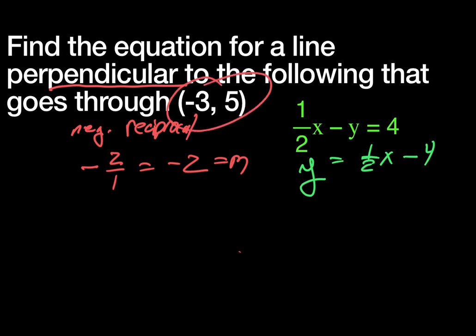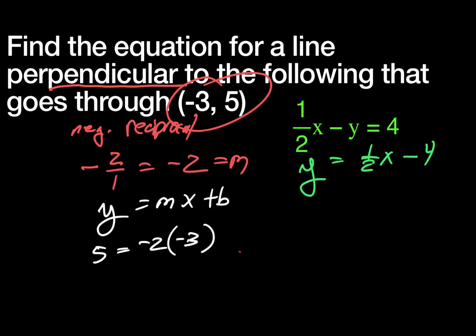This is my slope of this new line that goes through this point. Same process. Y equals mx plus b. My y coordinate is 5. My slope is -2. My x coordinate is -3 plus b. 5 equals +6 plus b, because negative times negative is a positive.